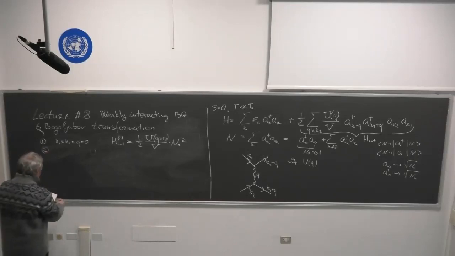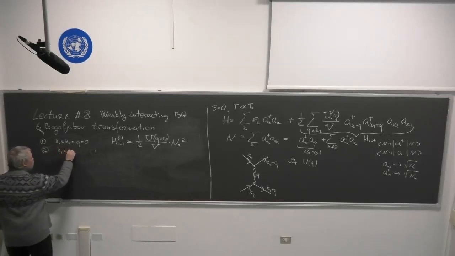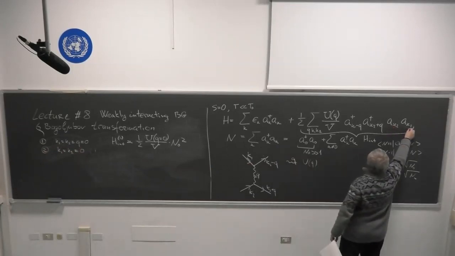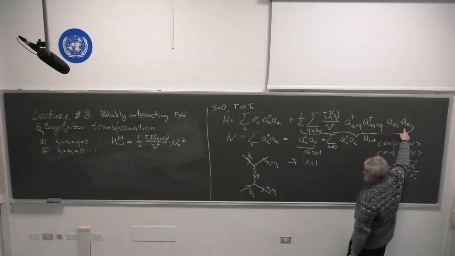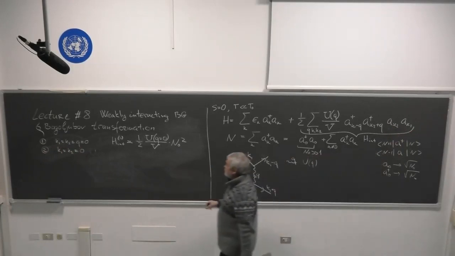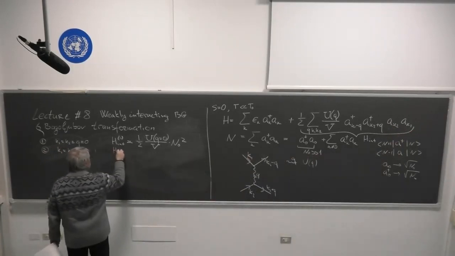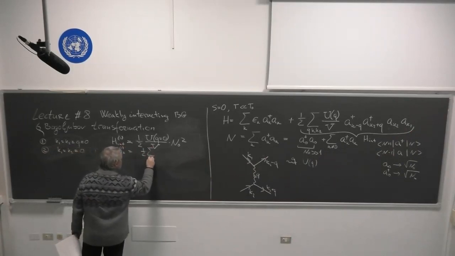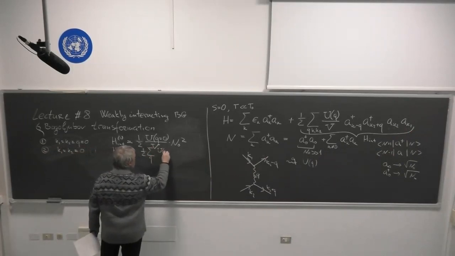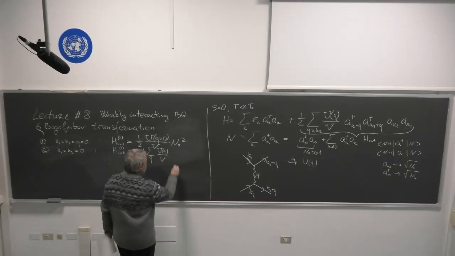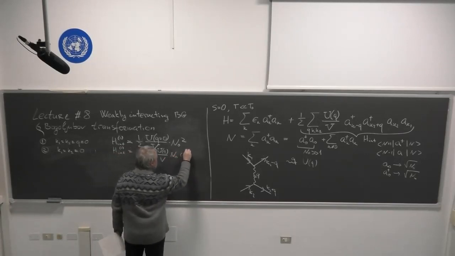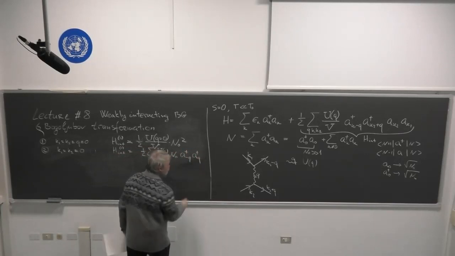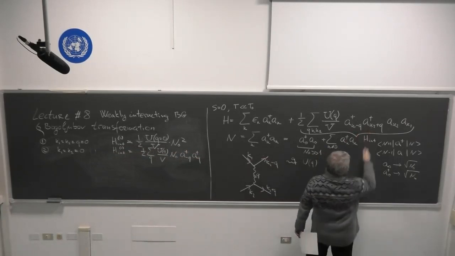So, number 2. Let me consider K1 equal to K2 equal to 0. So, namely, these two, K2 and K1, I replace both of them by square root of N node. So, in total, I have H interaction 2 is equal to 1/2 sum over Q, U, Q over V, V is a volume, times N node times A dagger minus Q, A dagger Q. Because K1 and K2 are equal to 0.